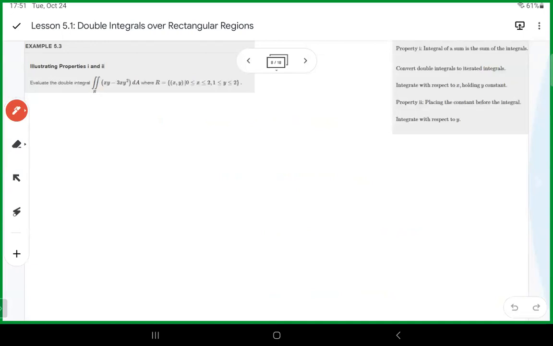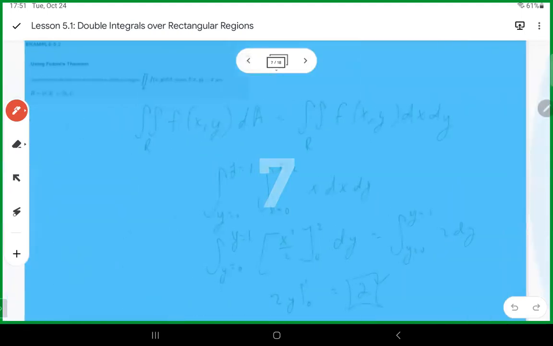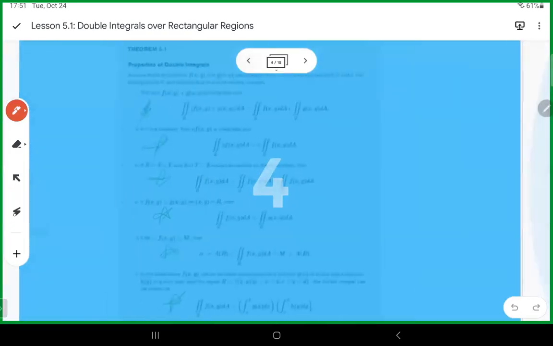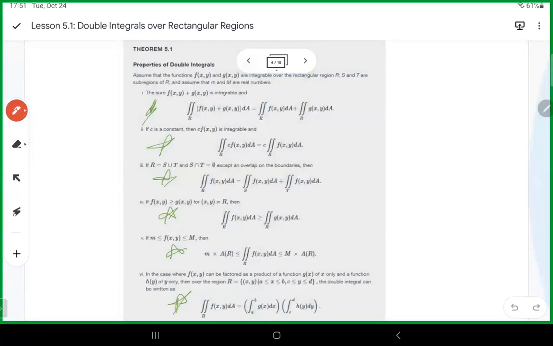So for 5.3, it says illustrating properties 1 and 2. That goes back to this slide, I believe. So this is slide number 8, example, I believe it's 5.3.